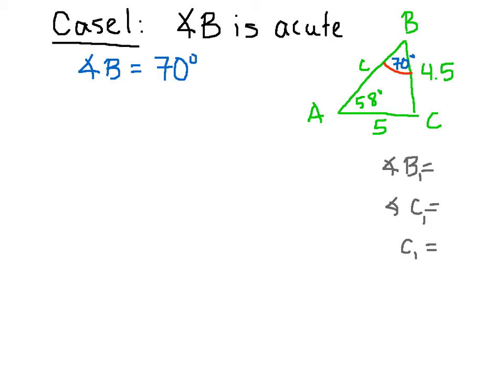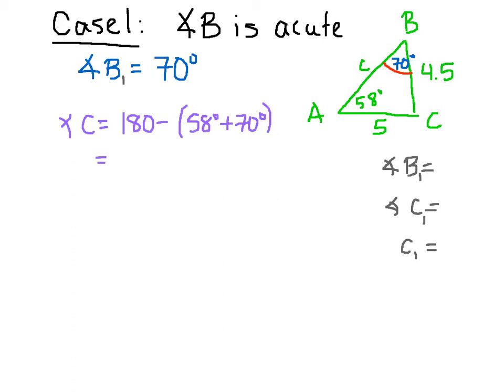So if angle B is 70 degrees, then to find out what your angle C is, we're going to take 180 minus angle A and angle B. So we're going to say 58 degrees plus 70.